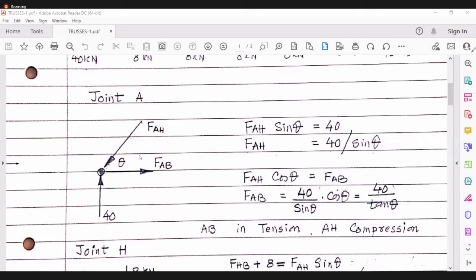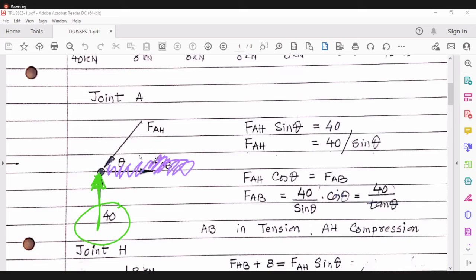Now, let us first consider the sum of the y components of all the forces. This force is acting in a positive y direction. It does not have any x component, so 40 is positively in the y direction. Again, this force AB is purely in the x direction.